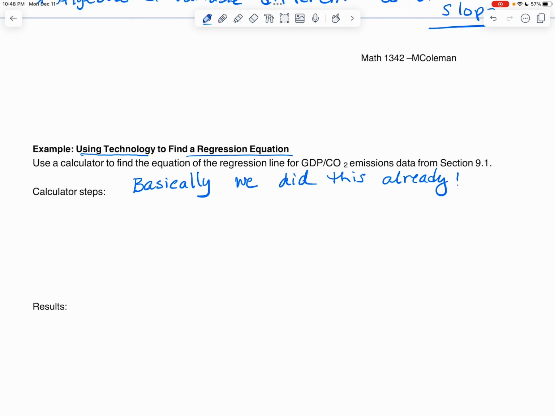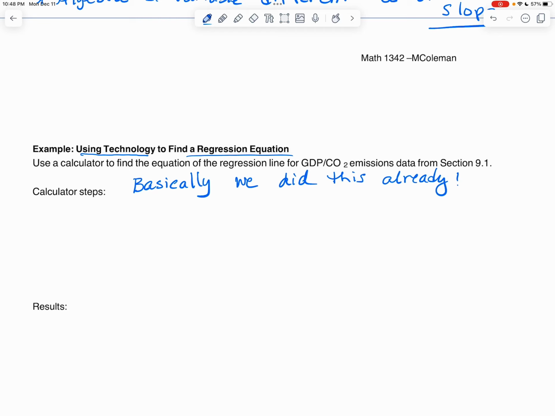So technology puts them together. Your book separates them out. To try to find this by hand is not easy. I'm not even going to show it to you because it is much more difficult than grabbing a calculator. However, you have to practice your calculator. You have to know how to do the entering of the data and then finding the line of best fit.